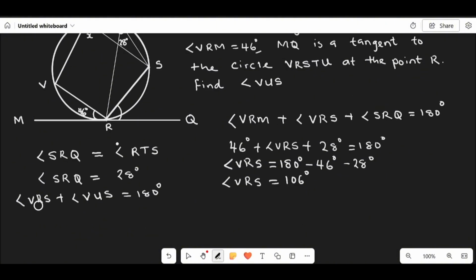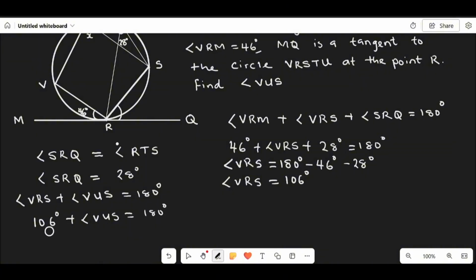Our angle VRX is equal to 106 degrees. So let us substitute it into this equation. 106 degrees plus angle VUX is equal to 180 degrees.